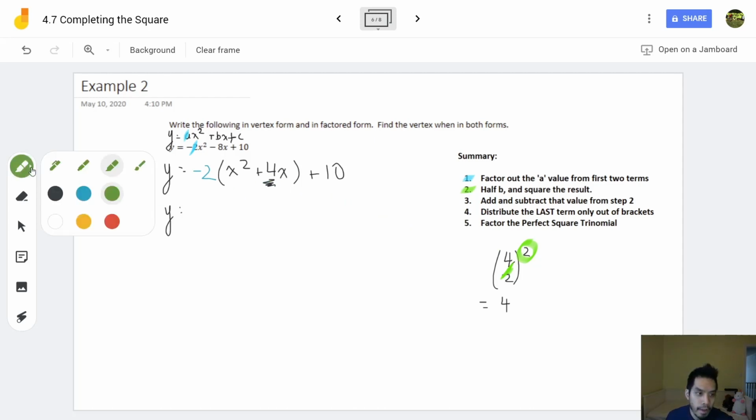And then step 3 is to get that value, which is 4.